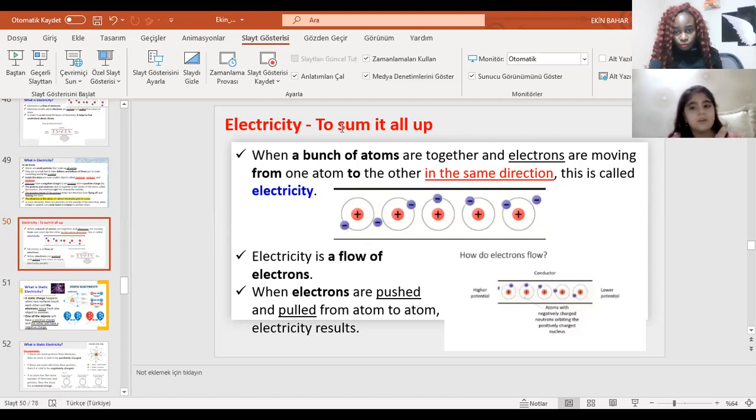For example, you get the electron and you pass an electron, and the other atom gets the electron, passes the electron. It's like that.